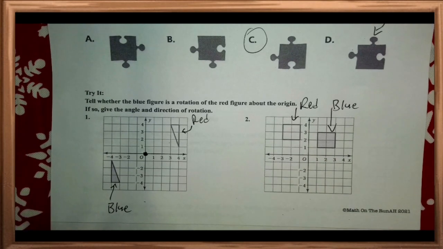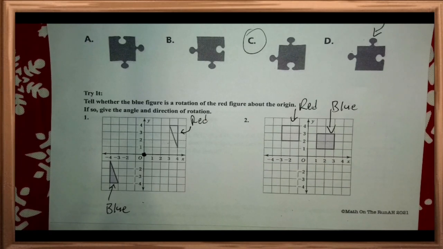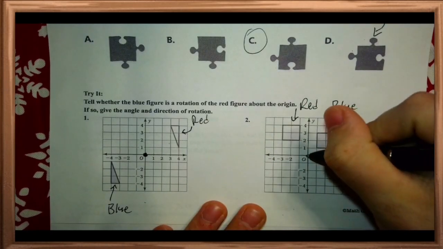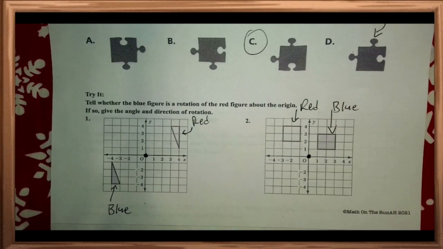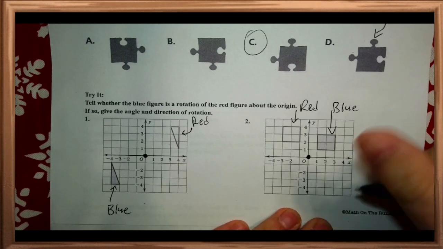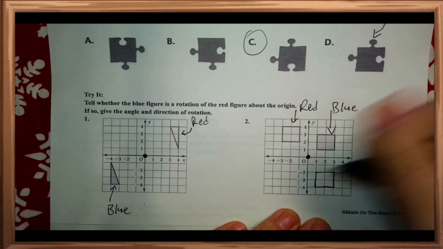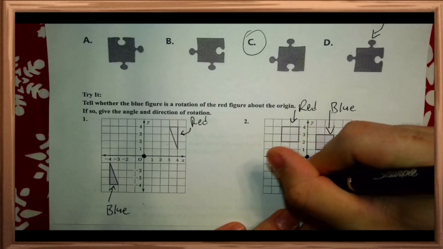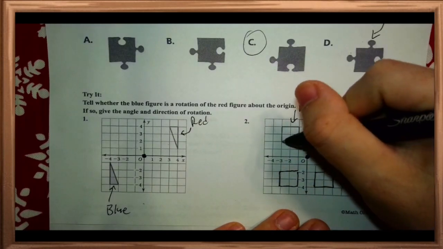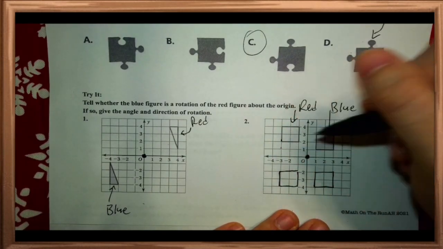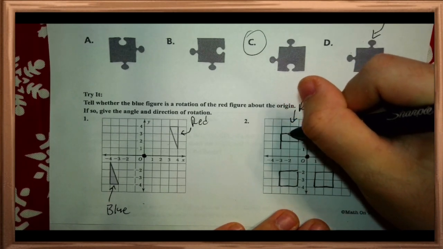What about number 2? Is this a rotation around the origin? Here's the origin again. Well, what would it look like if I rotated it? It would go here, then here, and then here.